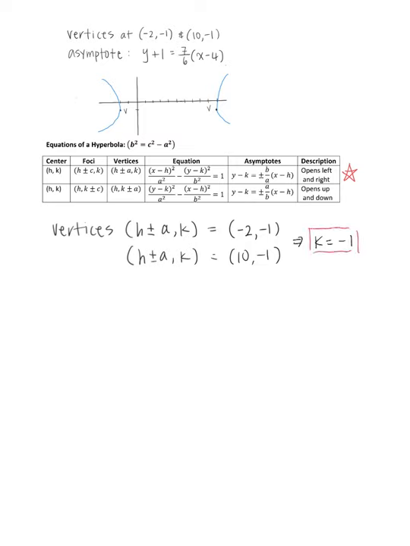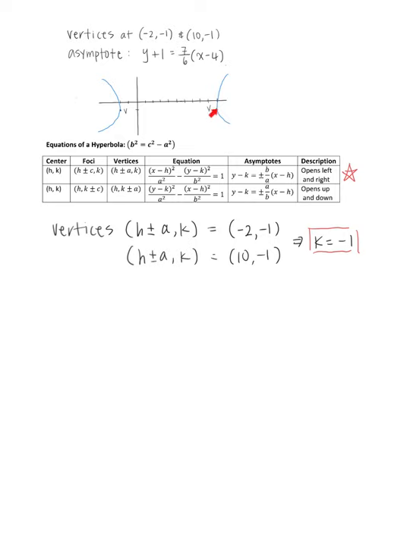Now let's try to determine the center. I should have drawn this picture much bigger. The center is, of course, the dead center between the two vertices. Since our x values are 10 and -2, the total distance is 12.